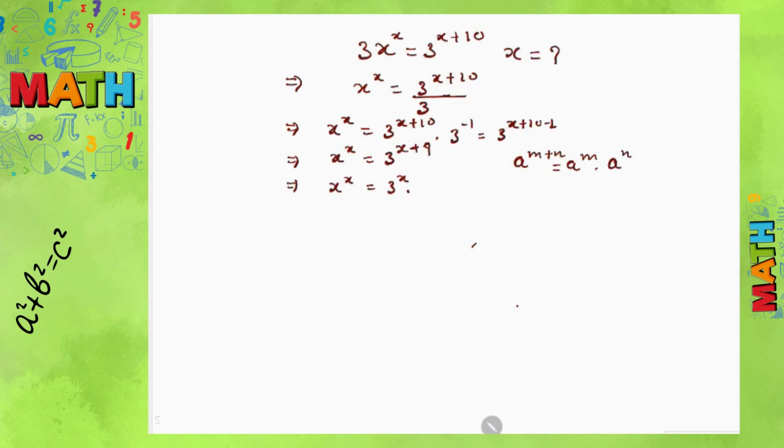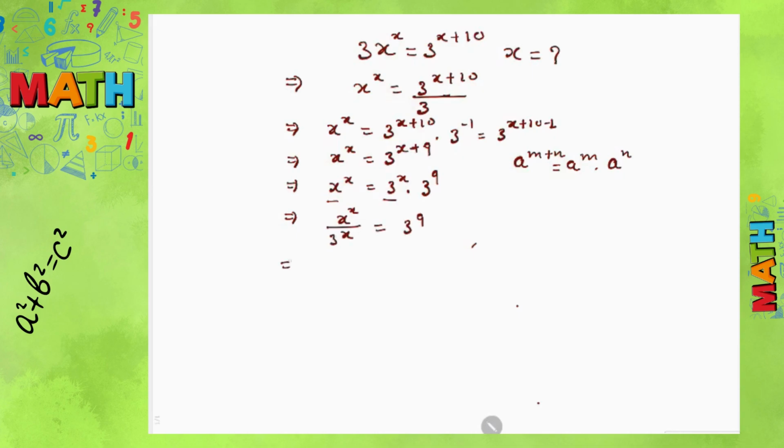So I can write 3^x and 3^9. So this is how I can write it. So we'll take x together. So x^x is equal to 3^x times 3^9.